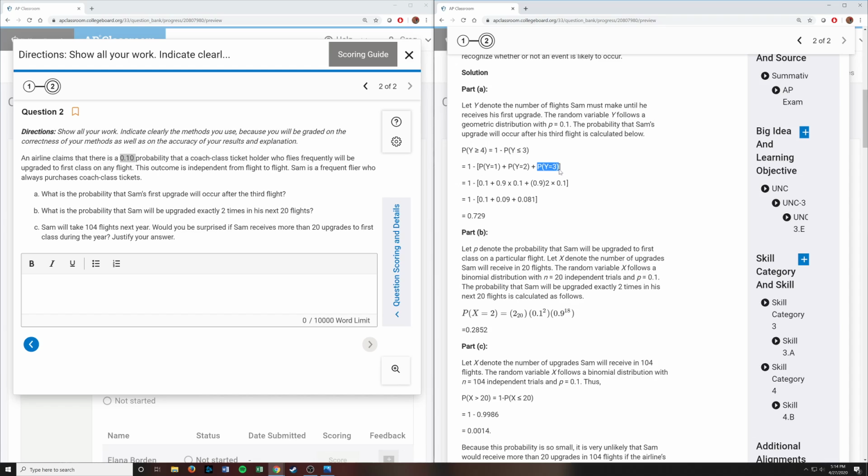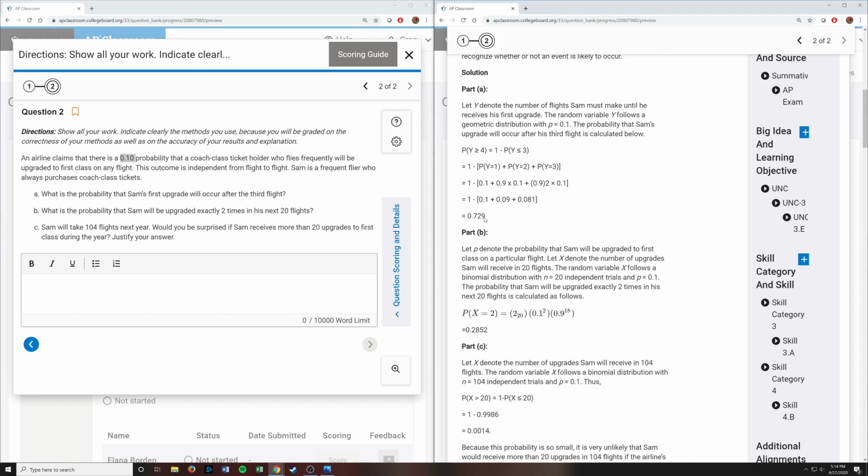And the probability he gets upgraded on exactly the third flight, he didn't get upgraded on the first 2 and then did on the third. This is 0.9 squared times 0.1. And so they write all that out, and that ends up being 0.729. Okay, that is one way of doing it.